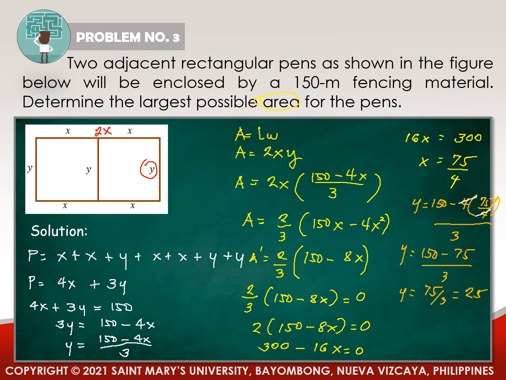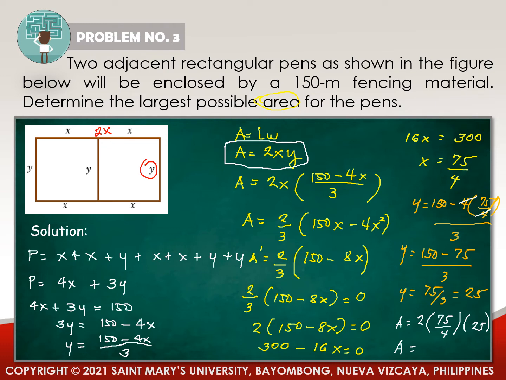Okay. So, ano na ang ating area? Ano yung magiging area natin? Alam natin ang formula to find the area sa given situation ay ito. A equals 2xy. So, multiply lang natin. A equals 2 times the value of x, 75/4, times the value of y, which is 25. Ayan lang. Multiply nyo lang yan.